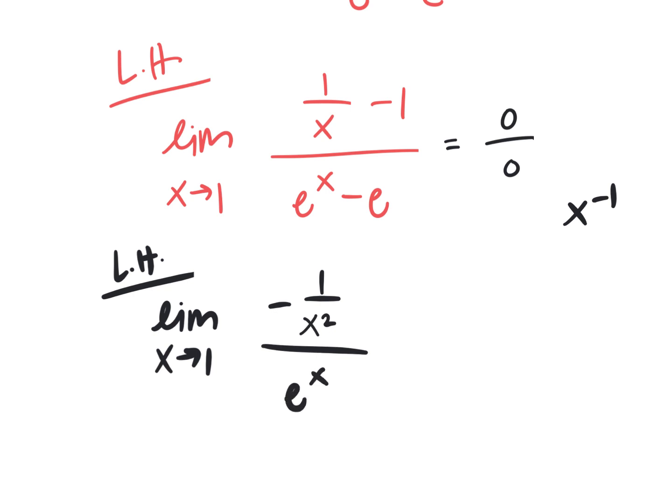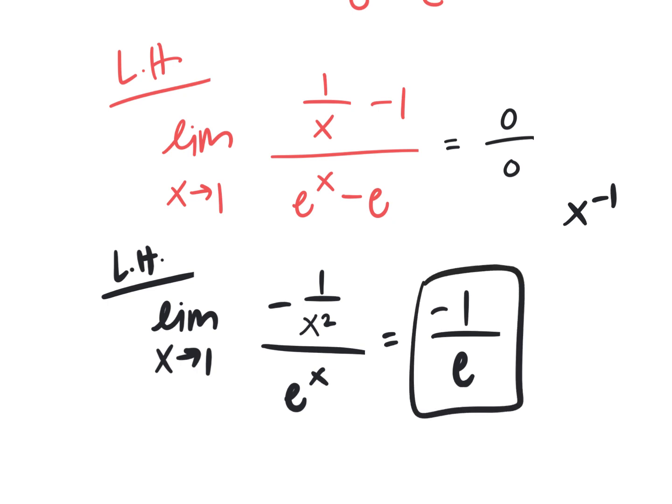What about the e? It's just a number, so it goes away. Now I plug in 1. I get negative 1 over e to the first power. So negative 1 over e is my answer as a fraction. If I plugged it in my calculator, I'd get some sort of decimal, but either answer would be fine, fraction or decimal.